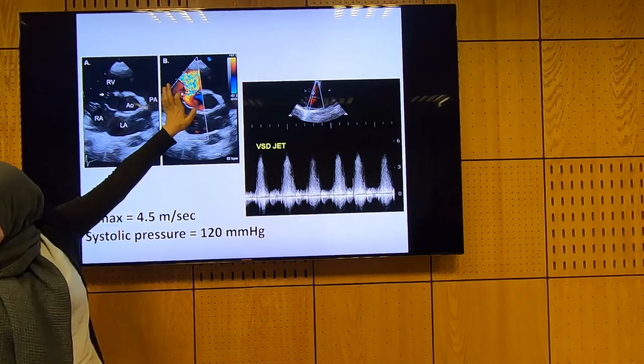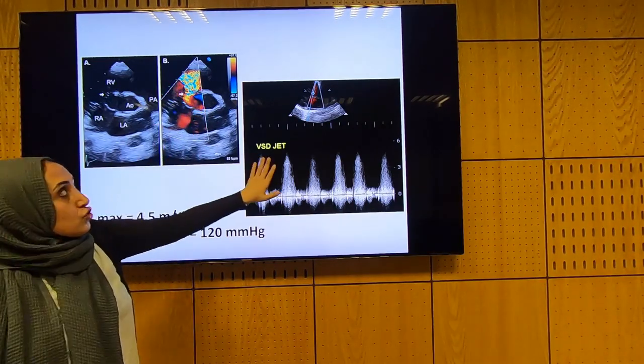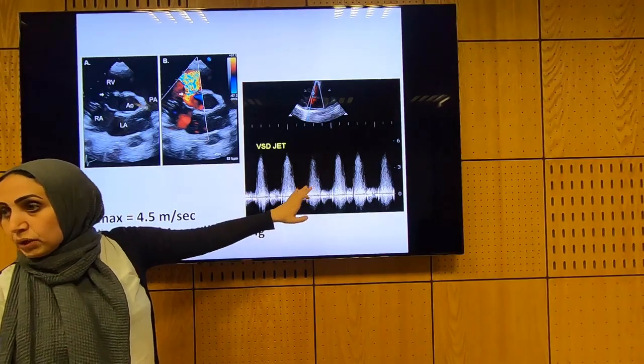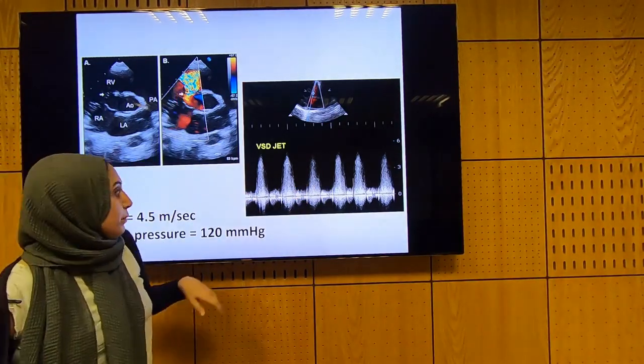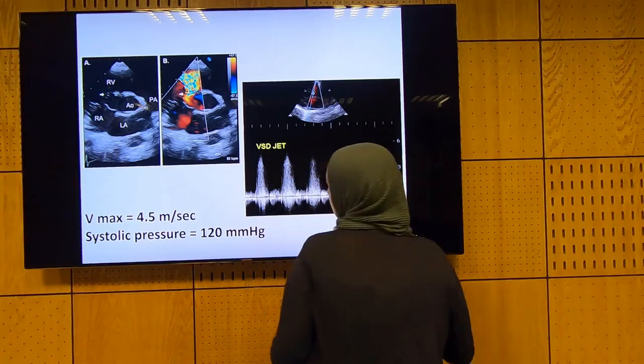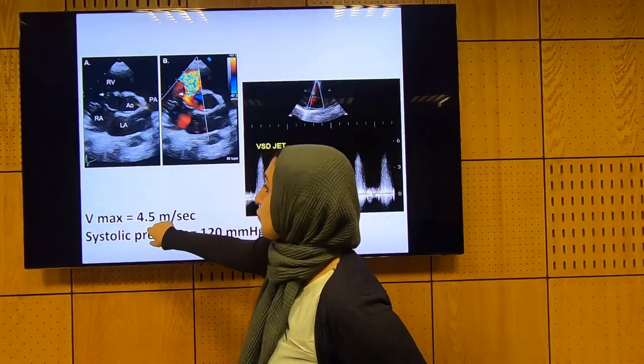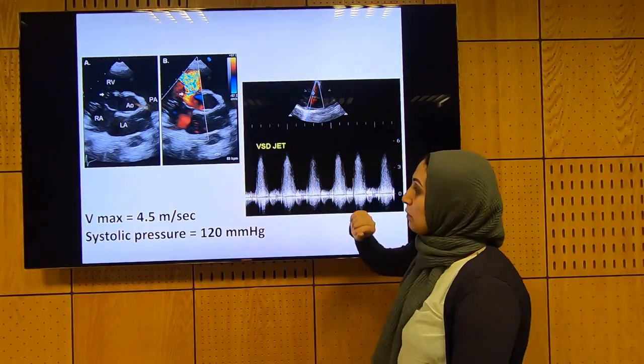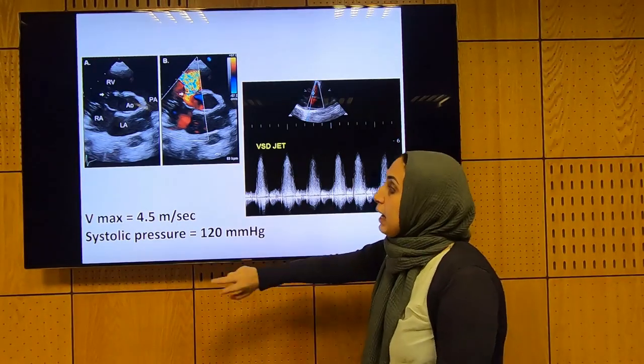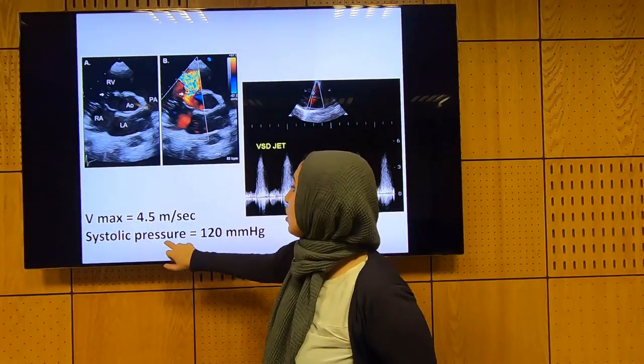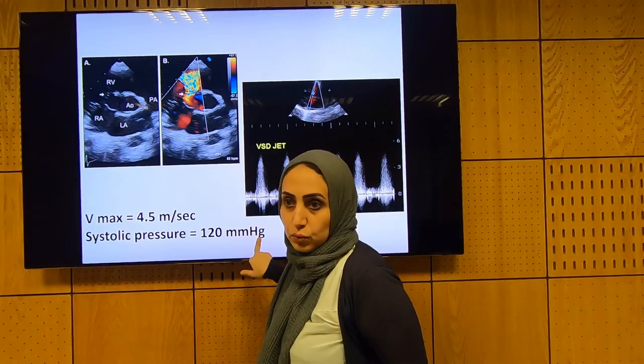So it's from the left ventricle to the right ventricle. And we got a jet here above the zero line because the direction is towards the probe. The maximum velocity is 4.5 meters per second. And we got information that the systolic blood pressure in this patient is 120.